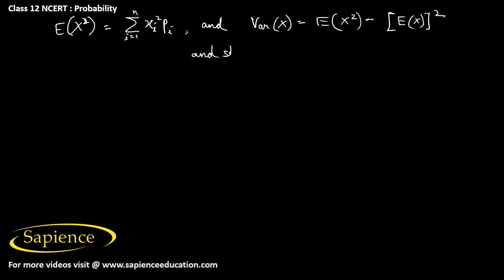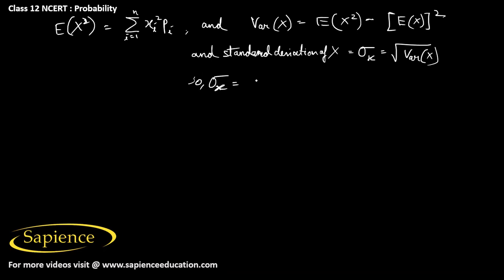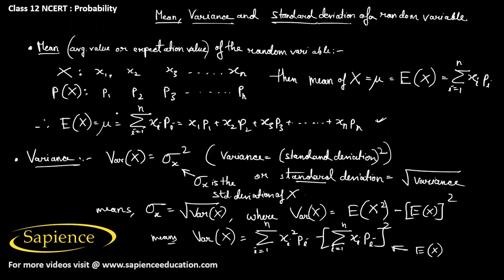And the standard deviation of the random variable x, defined as sigma of x, is equal to the square root of the variance of x. So sigma of x can be written as the square root of expectation of x square minus expectation of x whole square. So we can understand these three concepts, the variance, standard deviation and the mean.